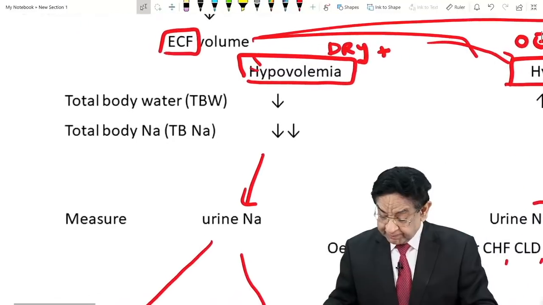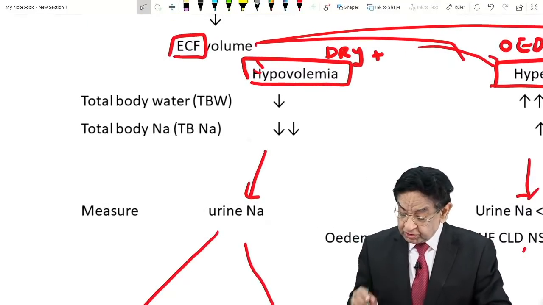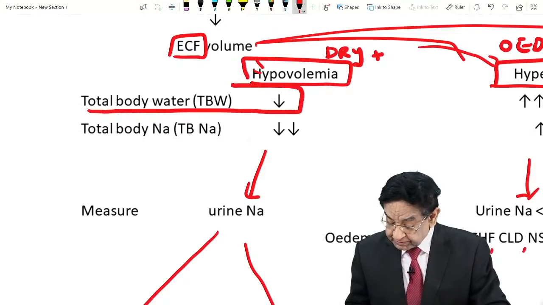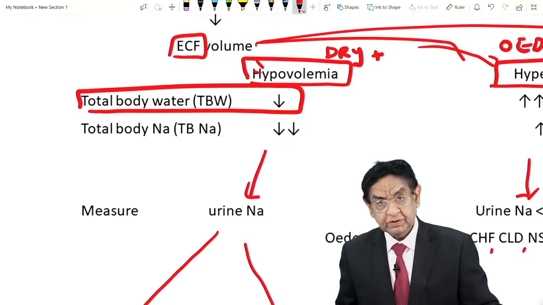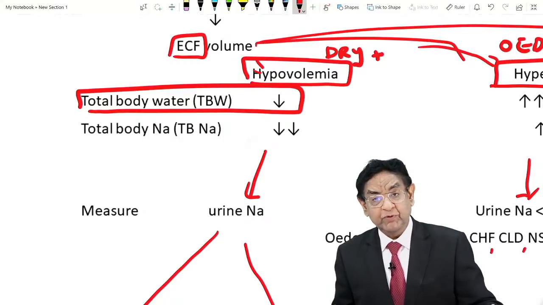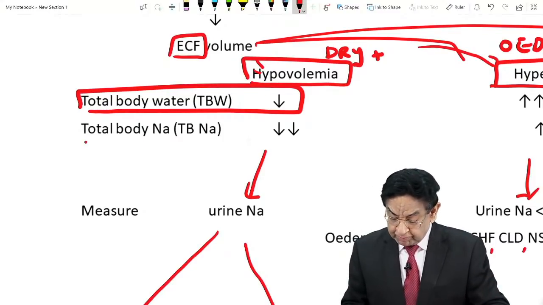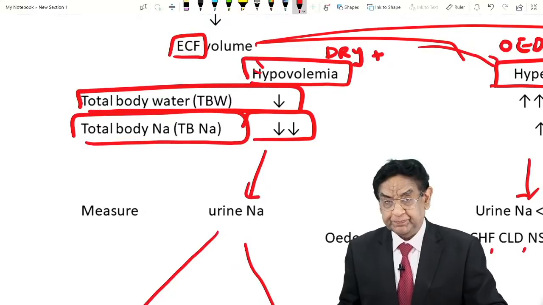Well, hypovolemia I'll talk about. In hypovolemia, total body water is reduced. Note it down. Total body water is reduced. That's why the hypovolemia is there. But total body sodium is reduced much more.